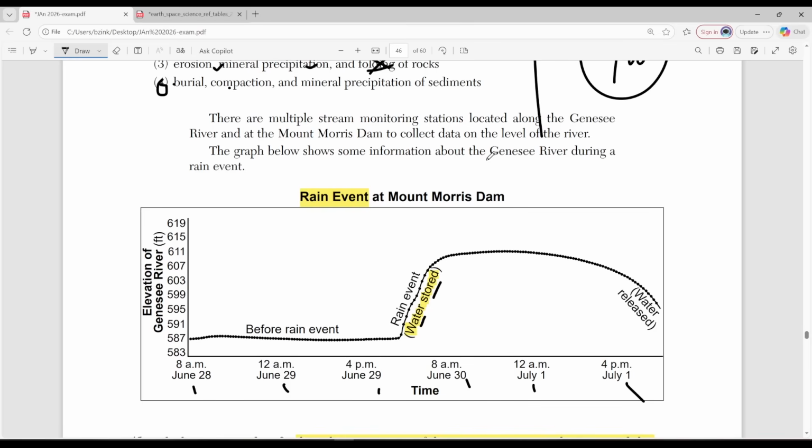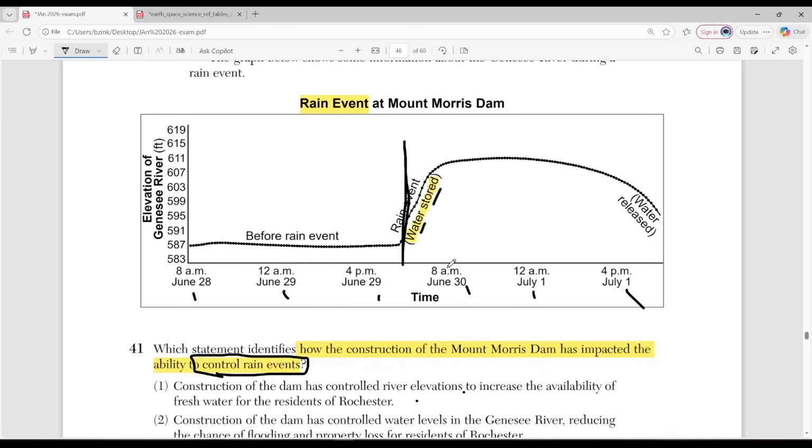The graph shows information about the Genesee River during a rain event. Before the rain event, the elevation was 587, and then the rain event happens. And then look at the water stored. So the water is stored in the dam here, and then they release the water?